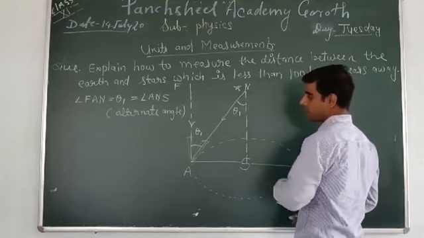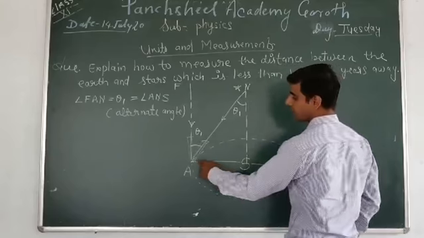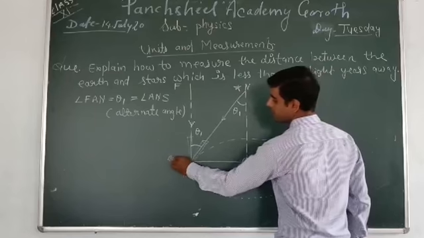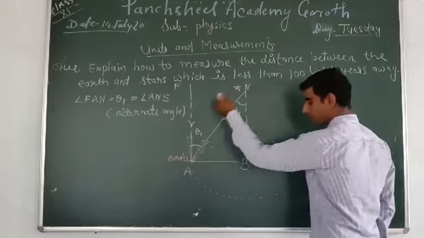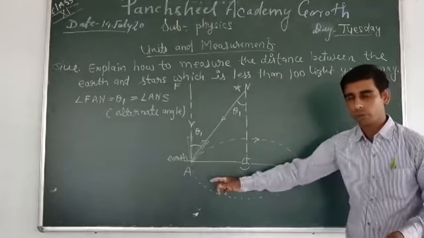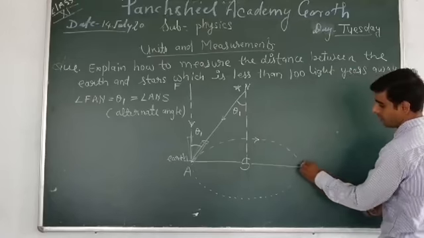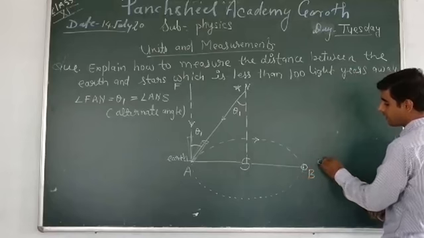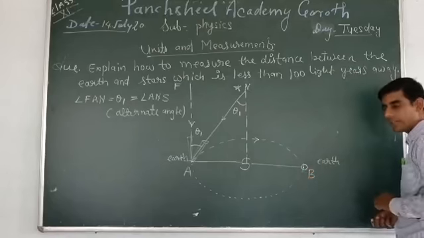Now, after 6 months, this is Earth, and after 6 months it completes its half rotation and the Earth is at that place.